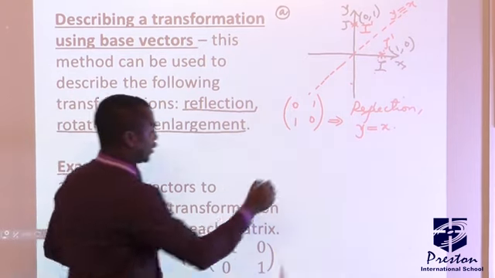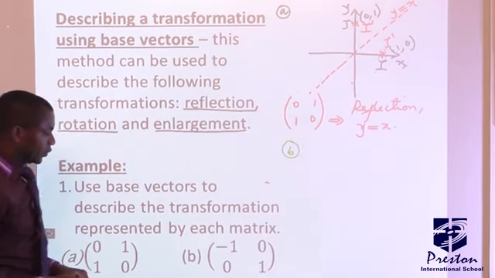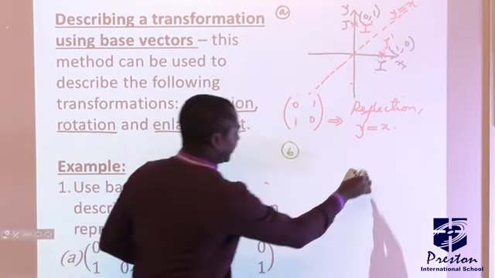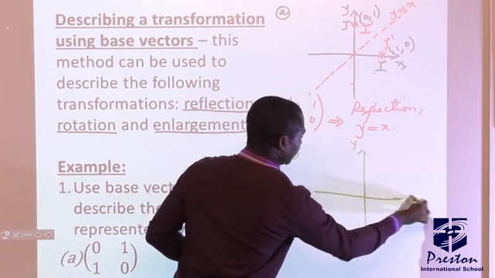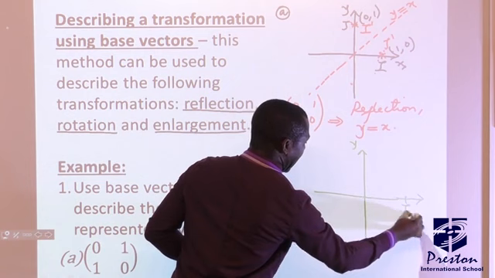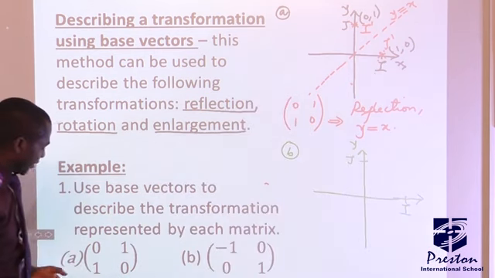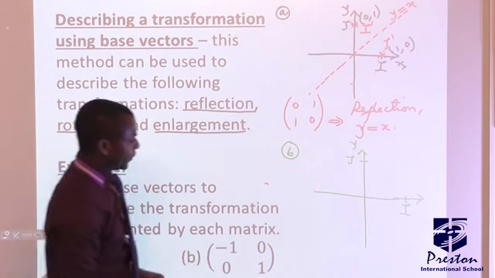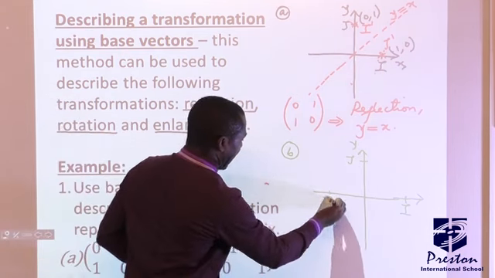Now, for question B, same thing. You have your base, we have I, and we have J. We want to find the image. Minus 1, 0 is I prime.